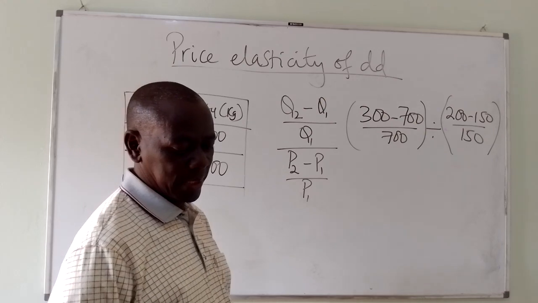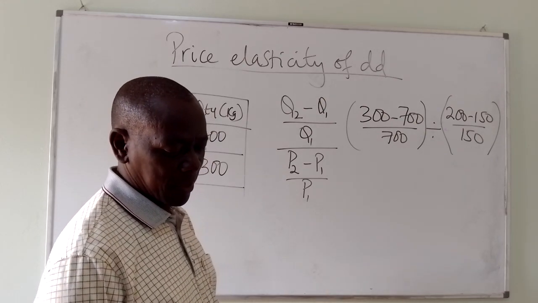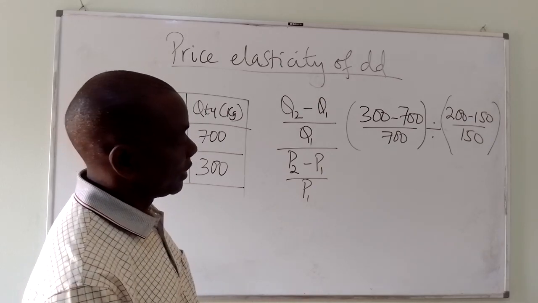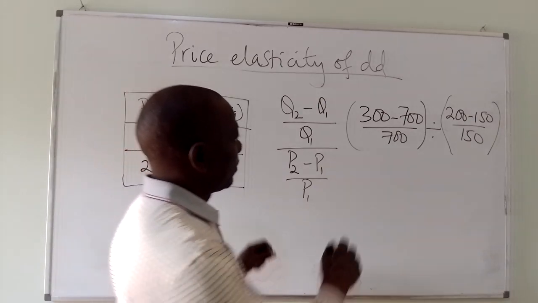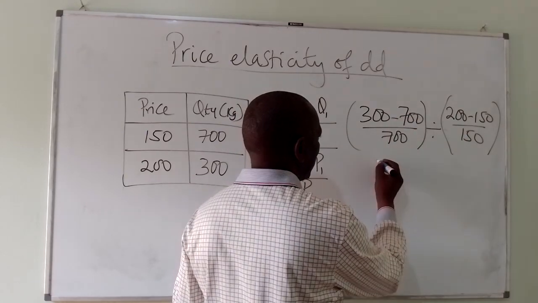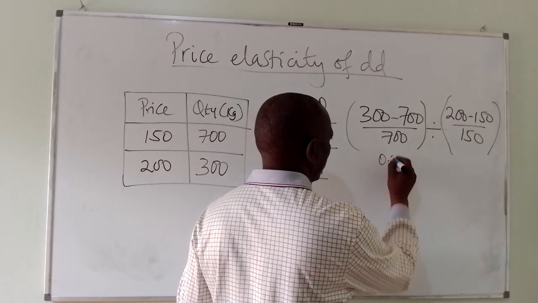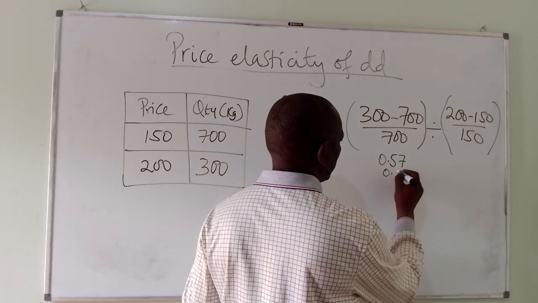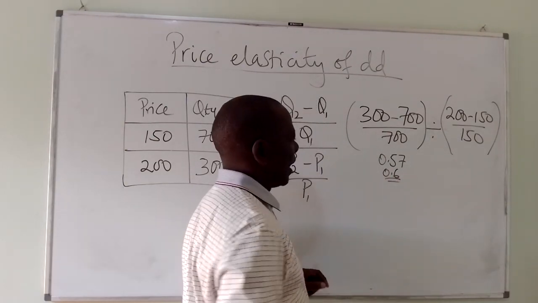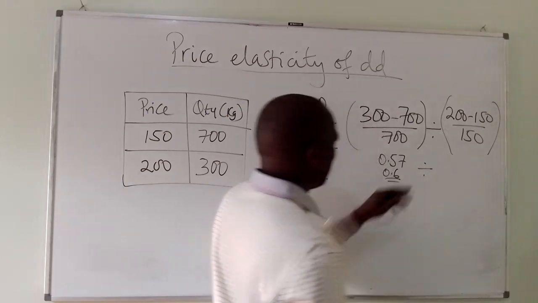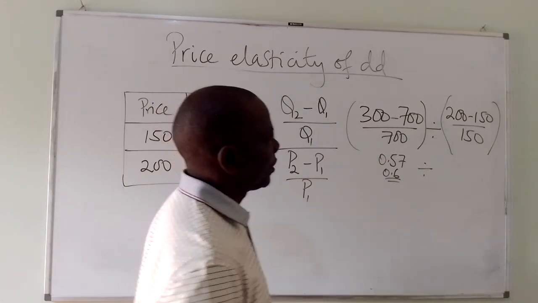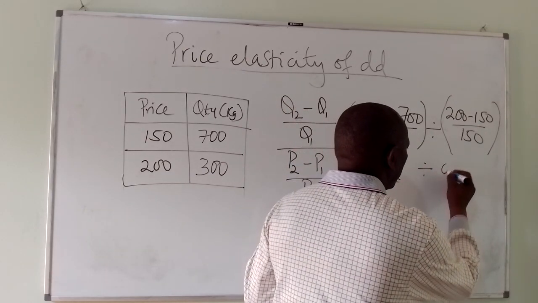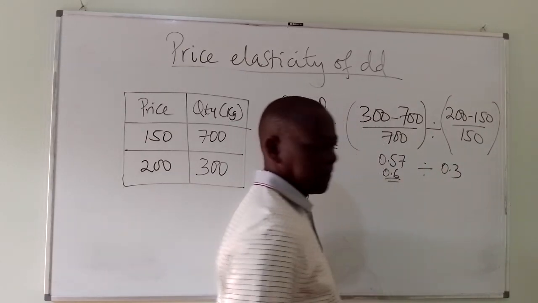When you look at the calculations, if we begin with the quantity demanded, when you calculate this, you will definitely get 0.57, which is more or less 0.6. And this one, we are going to divide by this figure here, which is 50 over 150, and that will give you 0.3.